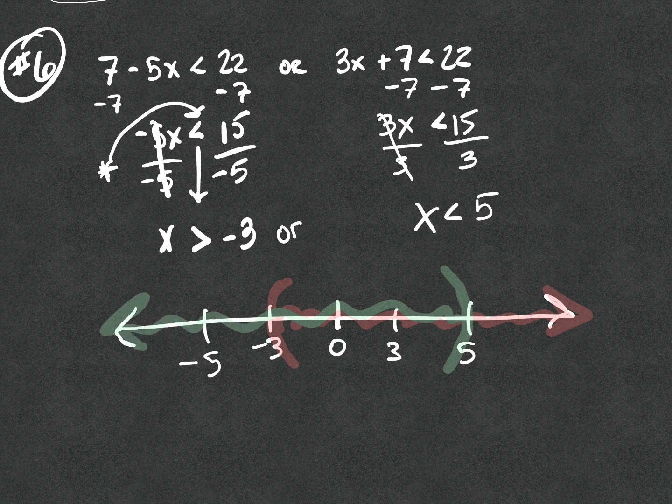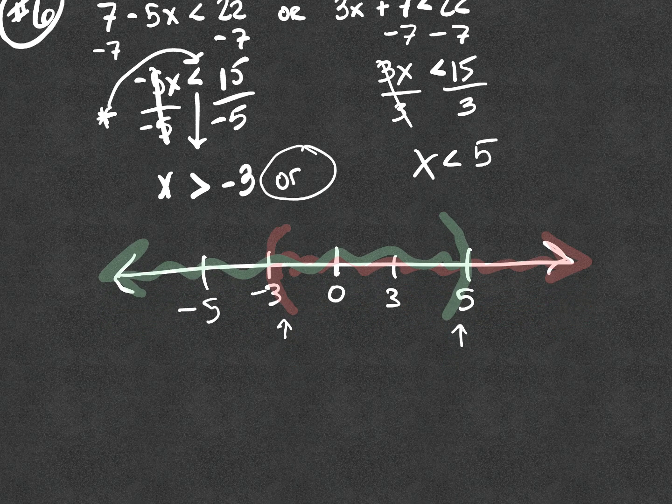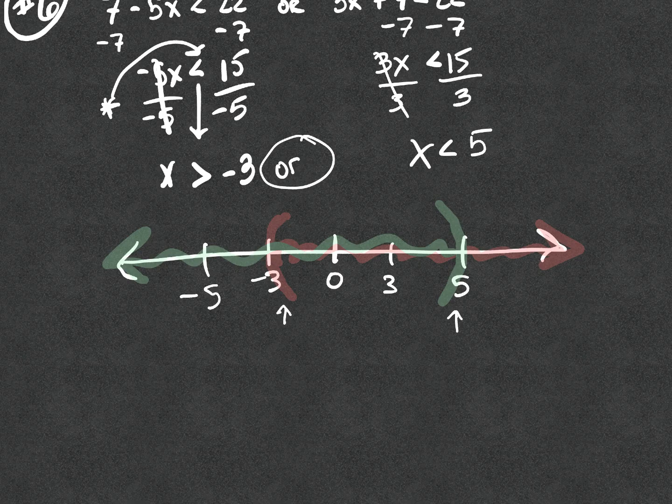Do you see what's happened here? We basically have all real numbers. And I know that we said it doesn't include negative 3, or it doesn't include 5. However, this symbol or tells us that it's this or that. And because it's or, if it were and, this is a whole different story.